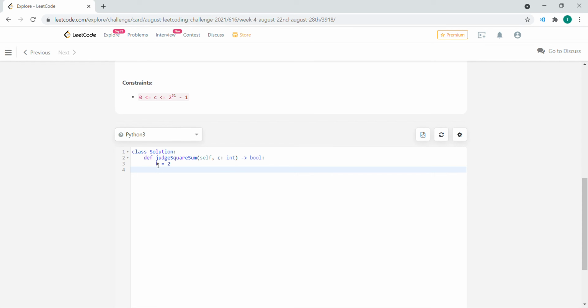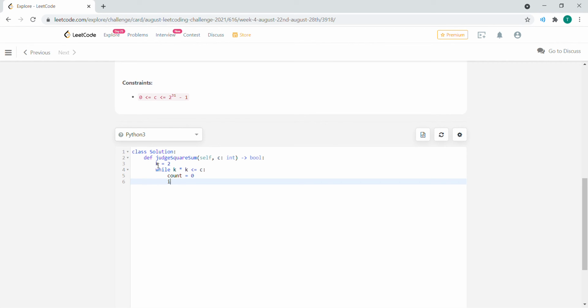And while k to the power of k is less than or equal to c, we are going to check whether the factor of c is part of it, the exponent of the factor. So I'm going to call this count, I guess, equals 0.